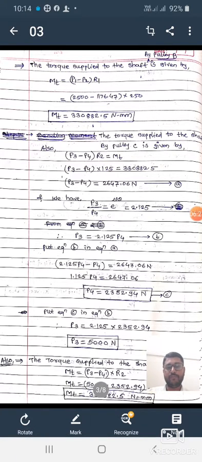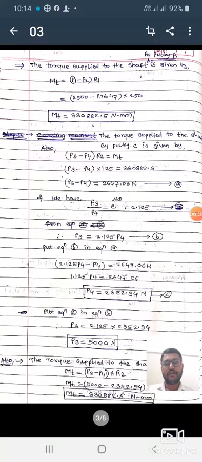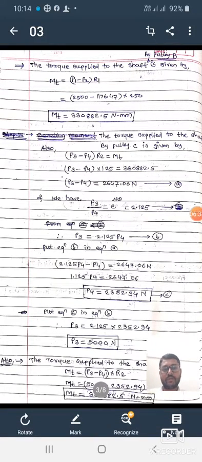And we have again the limiting tension ratio P3 by P4 equal to e raised to mu theta, that is equal to 2.125. So from this we can get the value of P3 in terms of P4, that is 2.125 P4. So put this equation B in equation A, and you can get the value of P4.